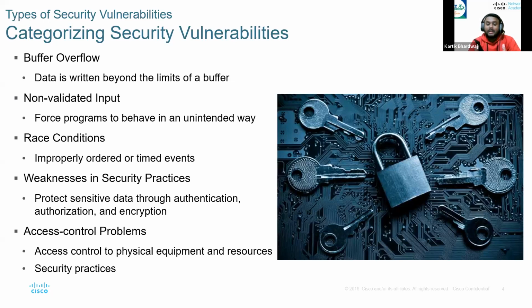Weakness in security practices. I have seen in real life that many corporations and institutions are required to follow security practices for the security of their organizational information. But sometimes they don't follow through with the program and they leave some kind of weaknesses behind.